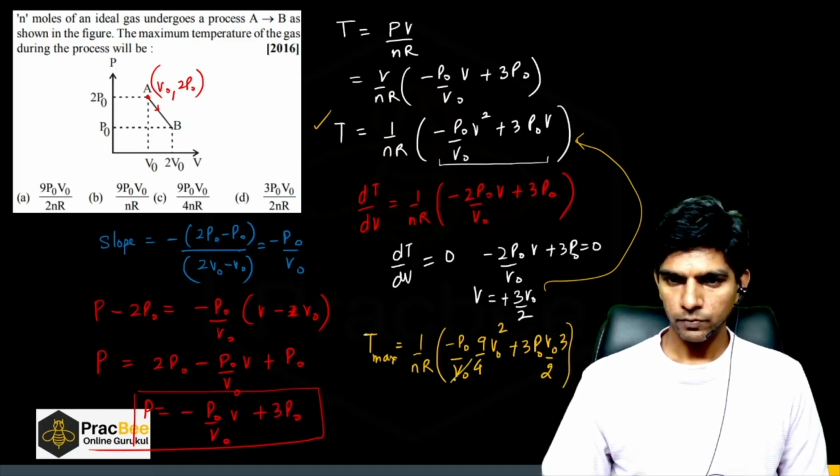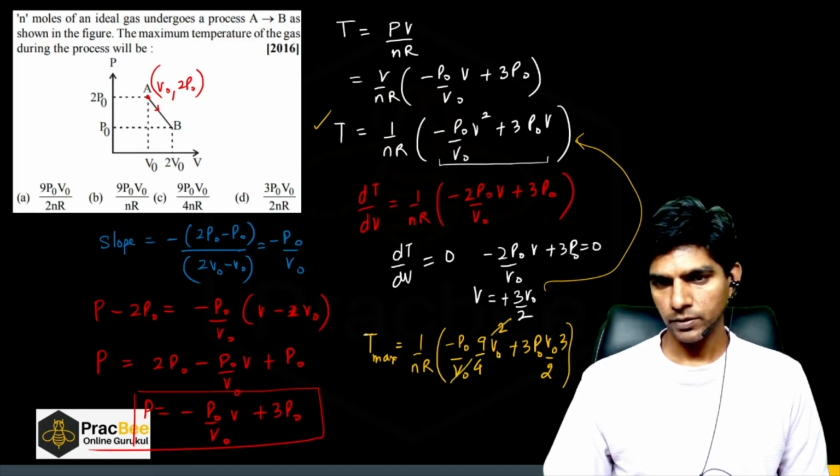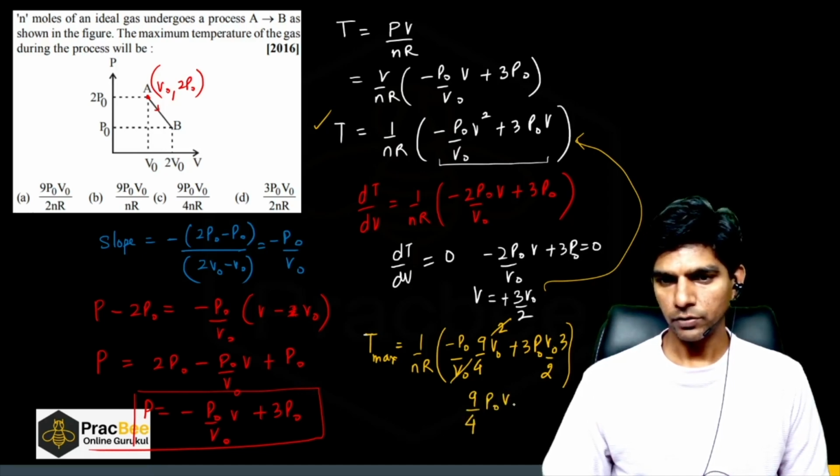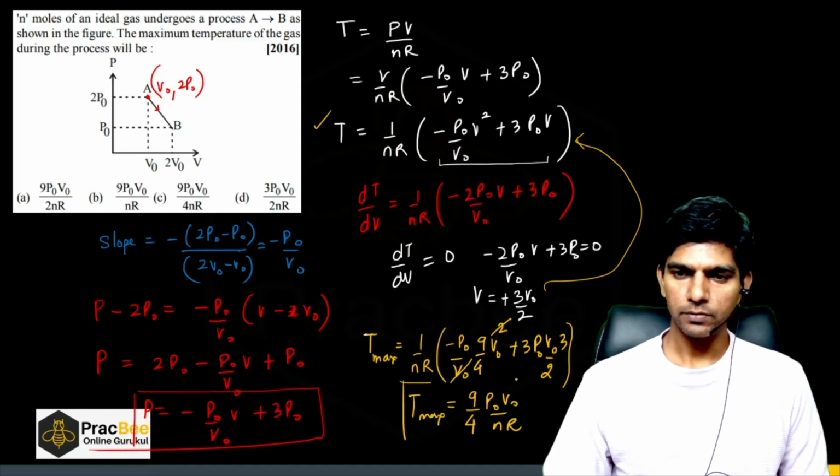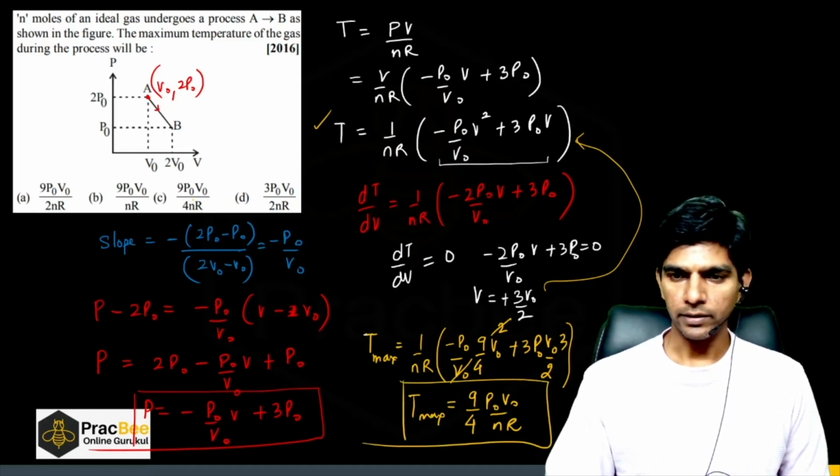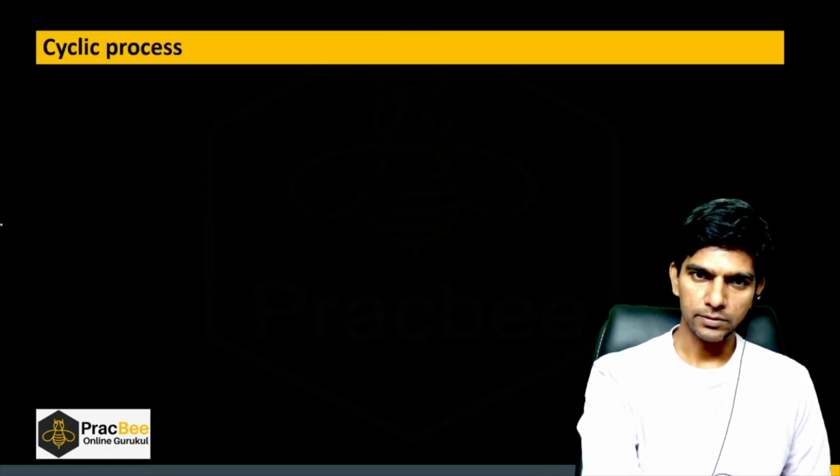One V naught will get cancelled out from the first term. So we have 9 by 2 minus 9 by 4 in the bracket, which is nothing but 9 by 4, so 9 by 4 P naught V naught upon nR. That is the maximum value of the temperature, 9 times P naught V naught upon 4 nR. So option C is the right answer.